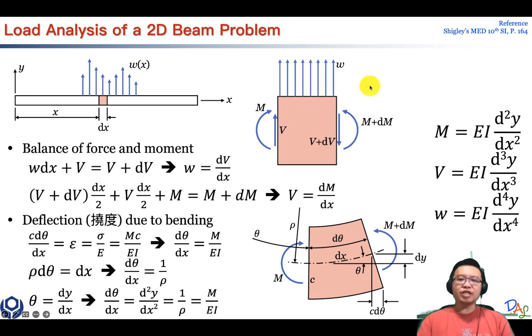Or you can treat this as a concentrated load at the center, which is passing through the center of the material, so there's no distance away from the center. That's why it doesn't cause any moment.